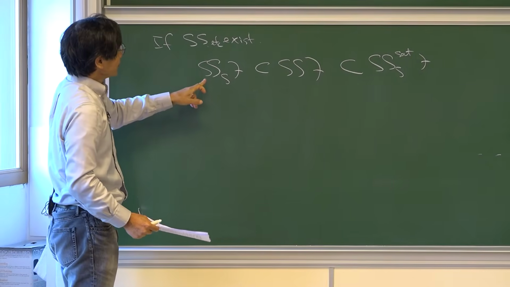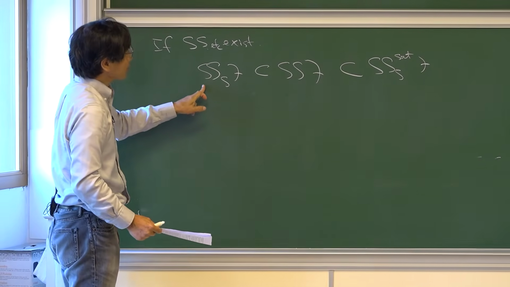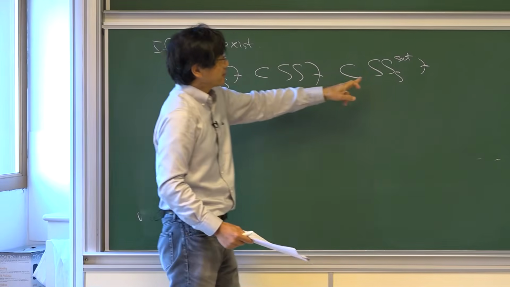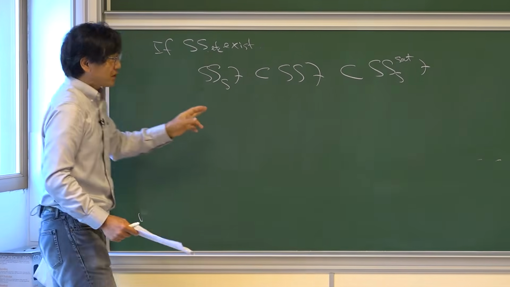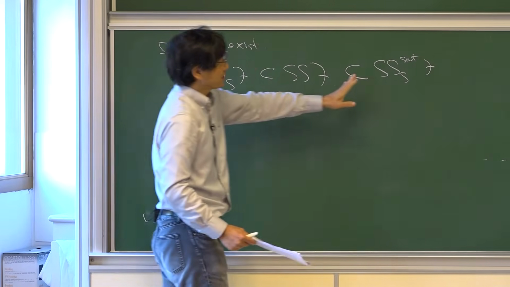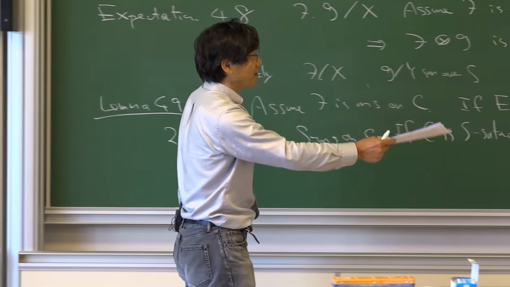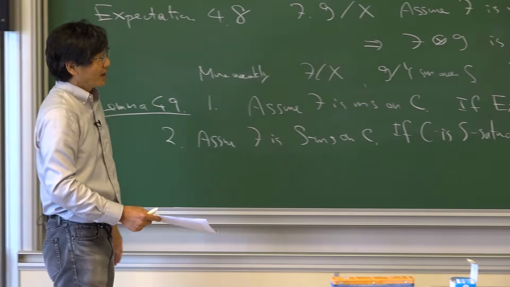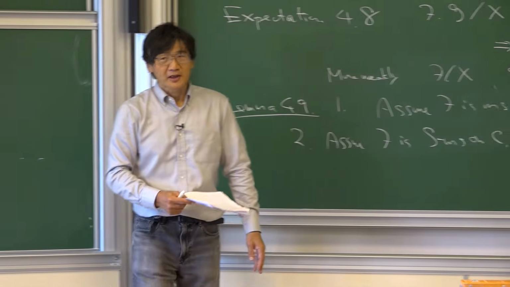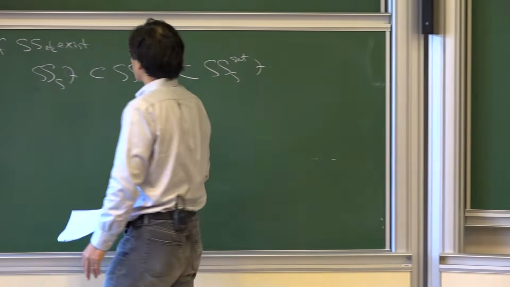So the relative one can be too small, and the saturated one can be too big, but the difference is just one dimension, because saturation means that it's closed under the action of the line bundle.